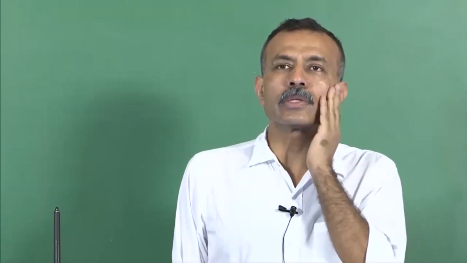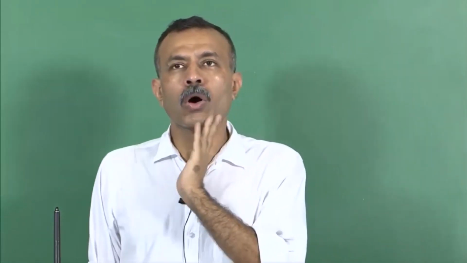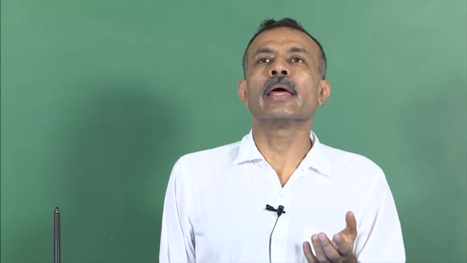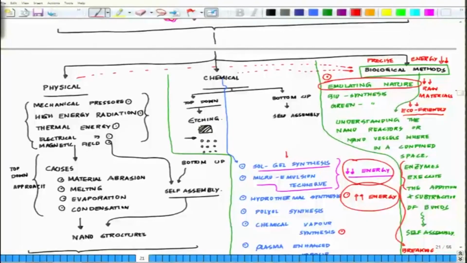So, today we will invest a little bit more time on understanding some of these techniques and the overall outline of these techniques. If you recollect, in the previous class this is where we started, the physical, chemical and biological techniques.